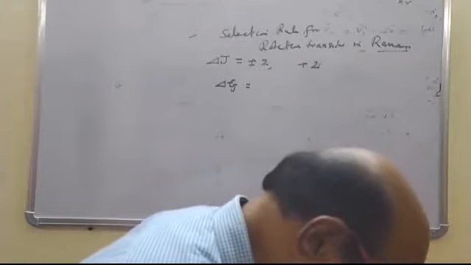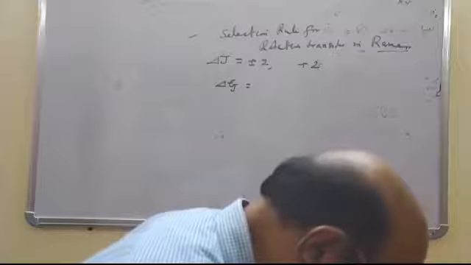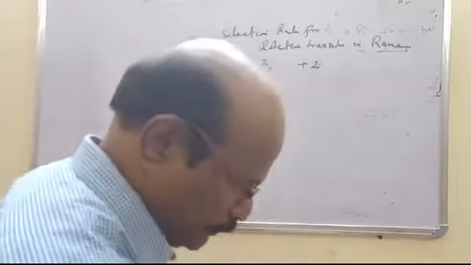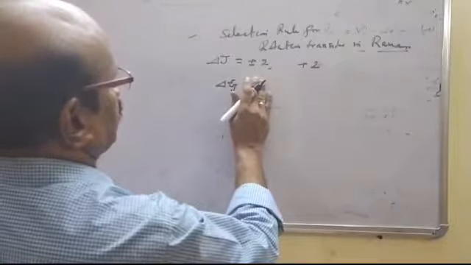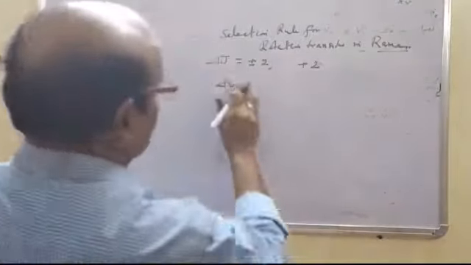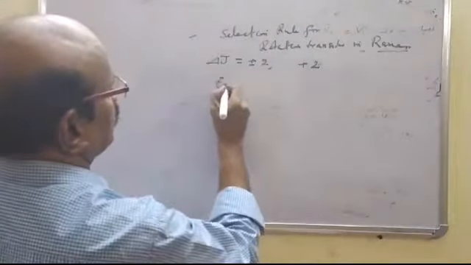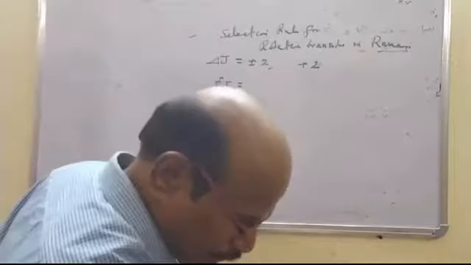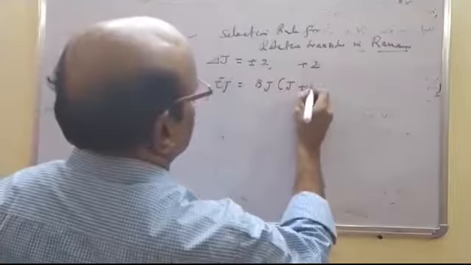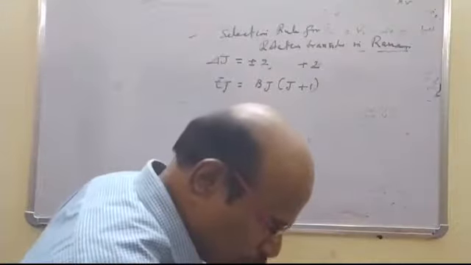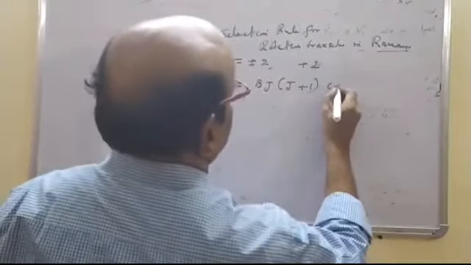Okay, we have the equation epsilon J is equal to B J into J plus 1, in centimeter inverse.